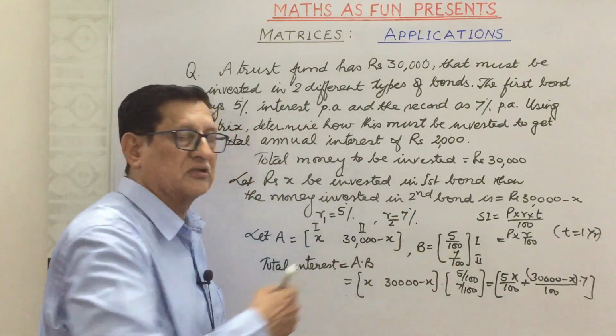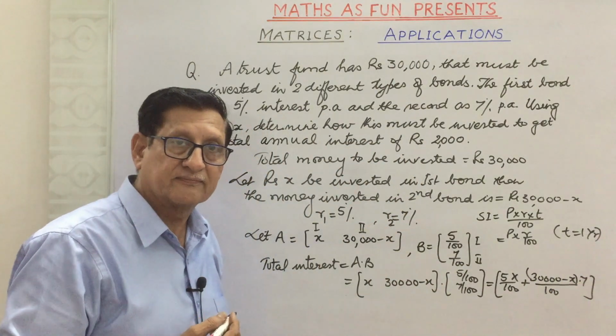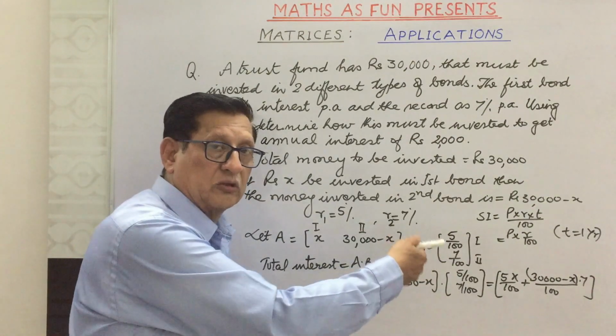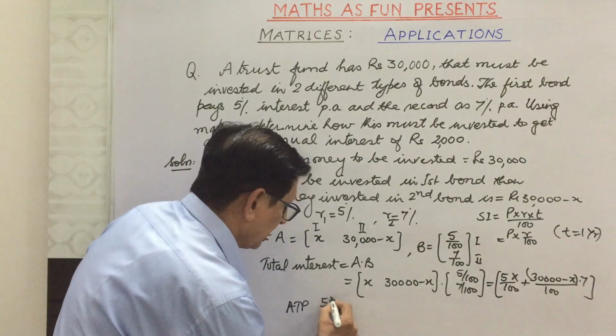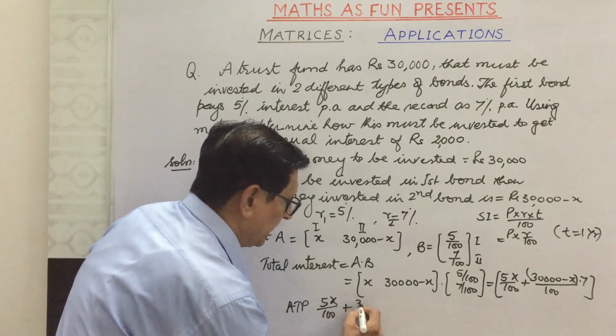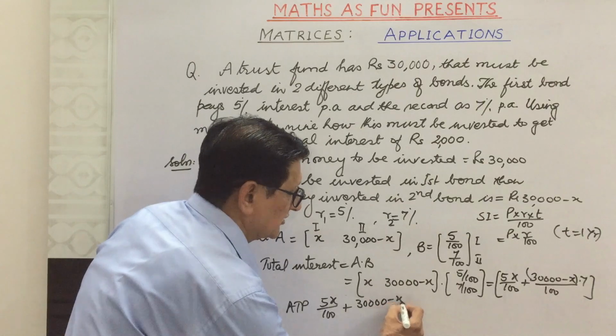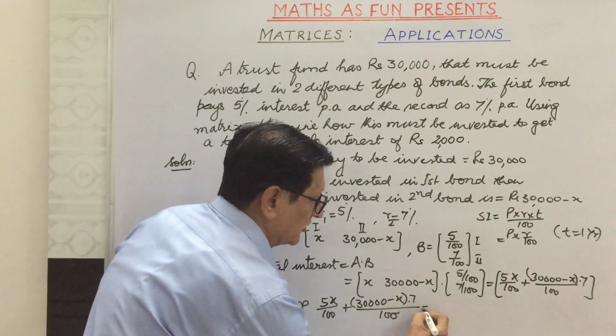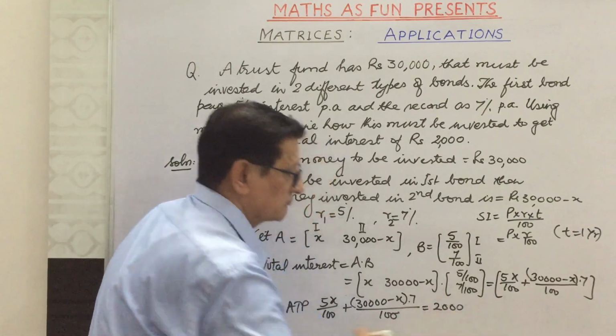This is the total interest we are getting at the end of the year. According to the problem, this is to be equal to 2000. So we find 5x upon 100 plus 30,000 minus x into 7 upon 100 is equal to 2000.